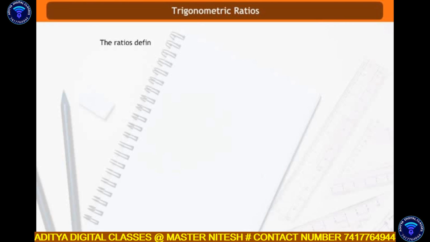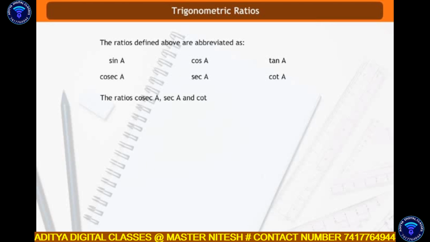The ratios defined above are abbreviated as sin A, cos A, tan A, cosec A, sec A and cot A respectively. And the ratios cosec A, sec A and cot A are respectively the reciprocals of the ratios sin A, cos A and tan A.